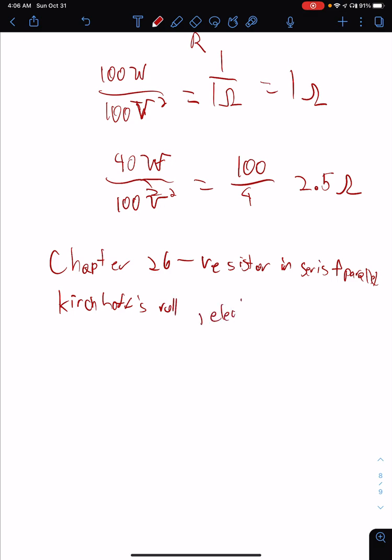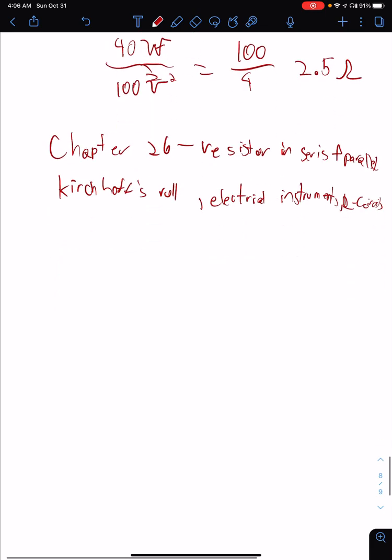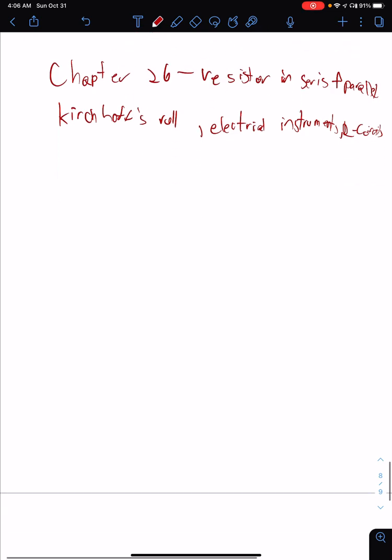Electrical measuring instruments. And RC circuits. Wow. Okay. So I didn't draw them in a list because my brain's on autopilot right now. So, resistors in series and parallel.